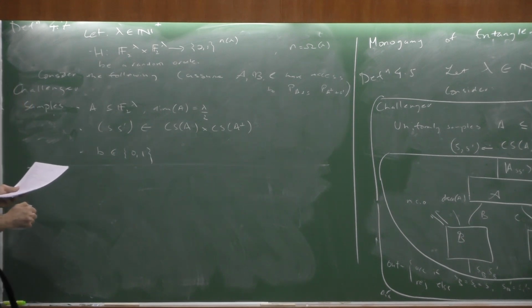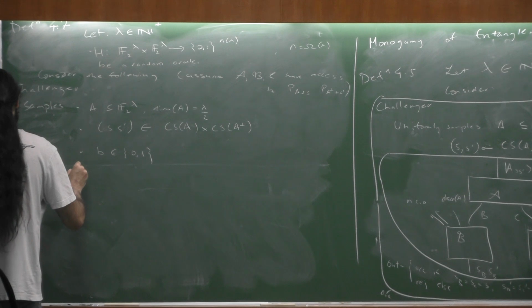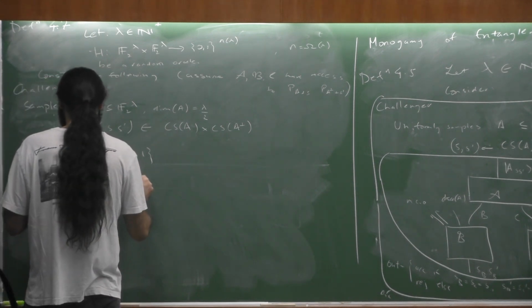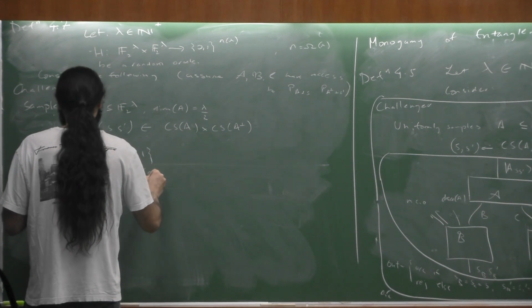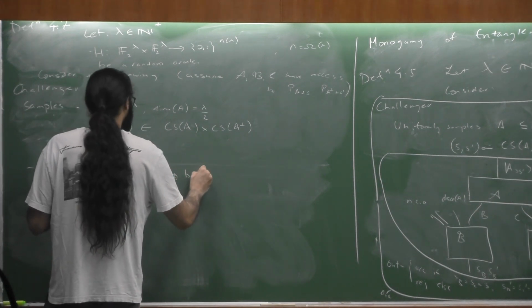And the bit B, these are uniformly sampled, and it computes W, which is H, the random oracle evaluated on S, S prime, XORed with B dot delta.